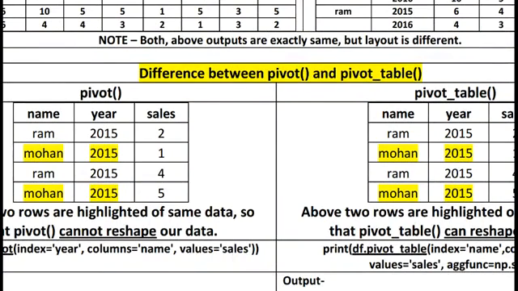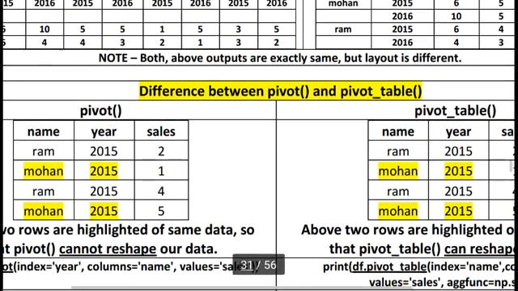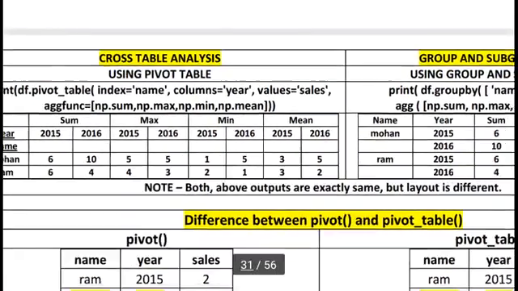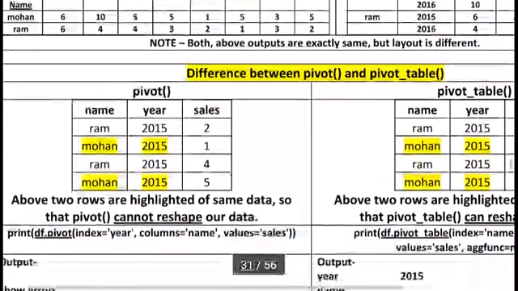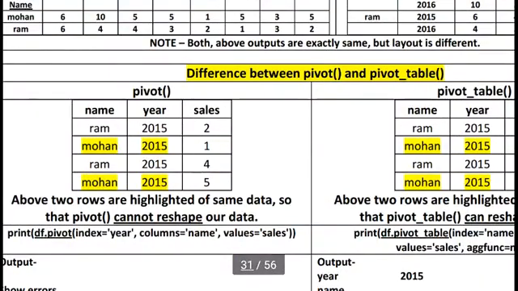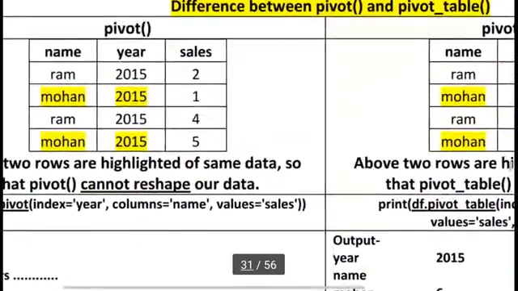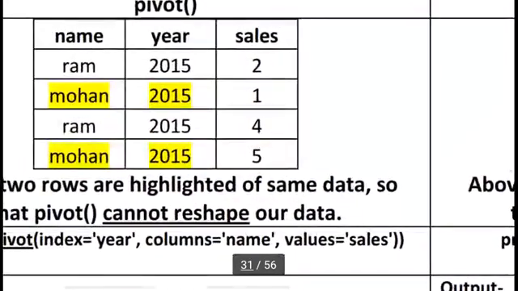Okay, so pivot underscore table we already know, but here we have two functions, pivot function and pivot underscore table function. We already use pivot underscore table, but we can also use the pivot function. But the pivot function's limitation is, you can see the highlighted value Mohan 2015 and Mohan 2015 where the index data is same.